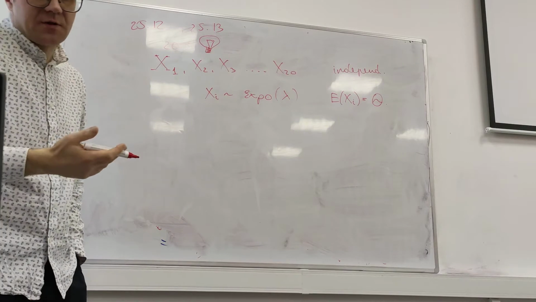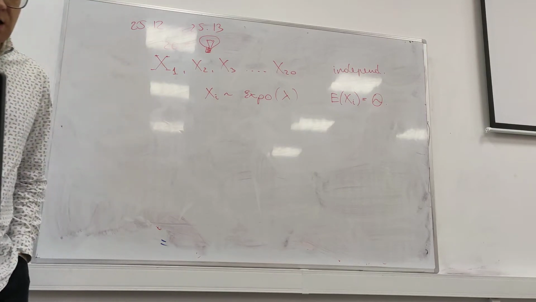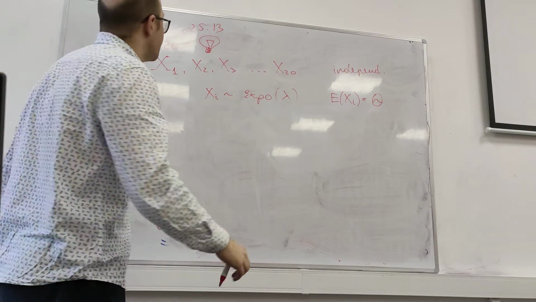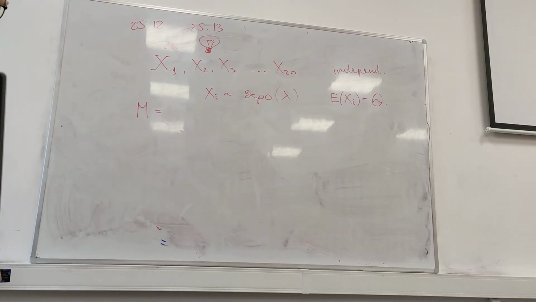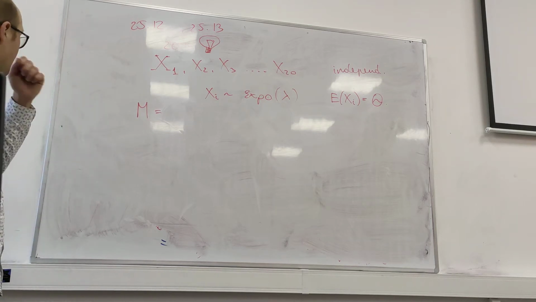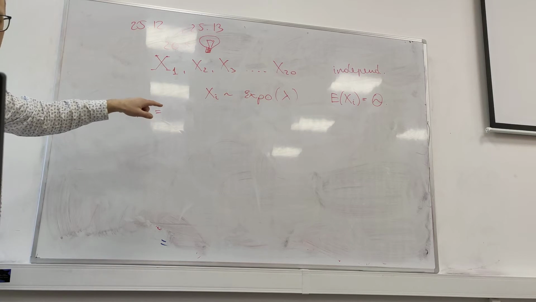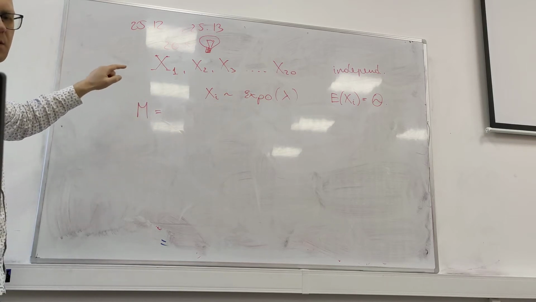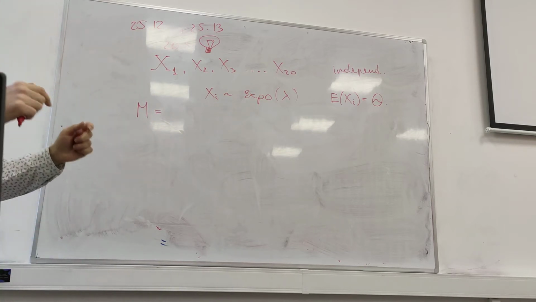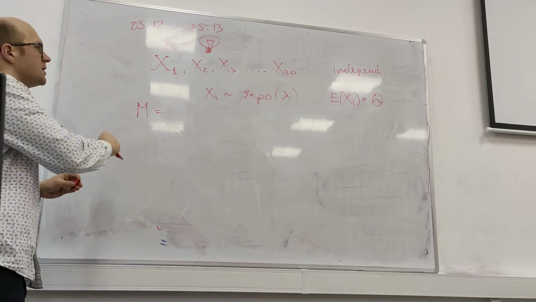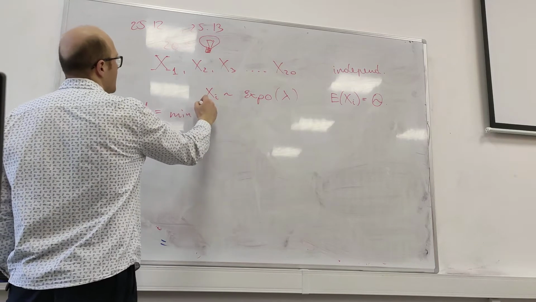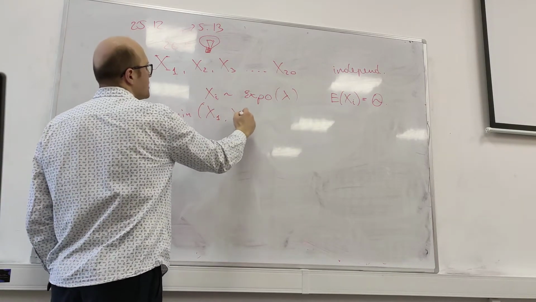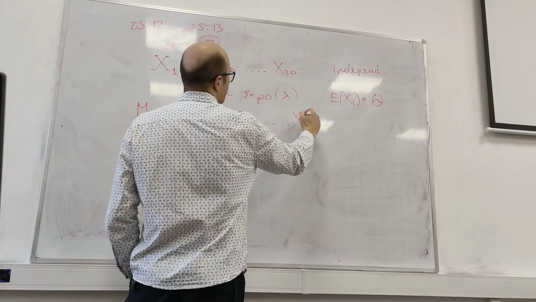Let's denote by m, not by x, the minimal time, the minimum lifetime. So I wait until I observe the first dead light bulb.